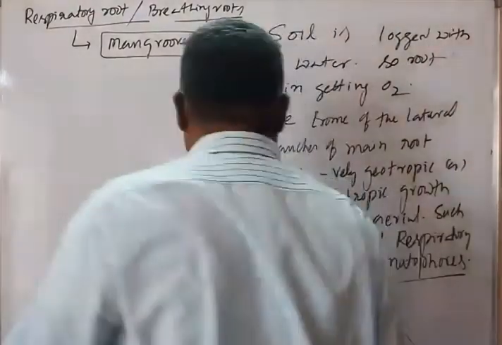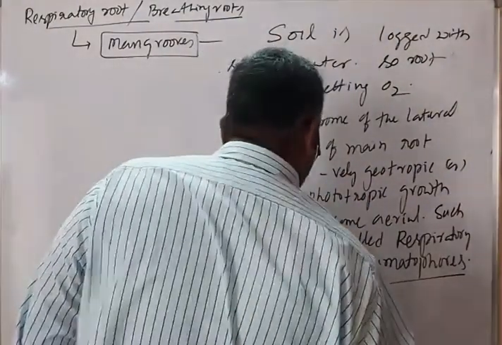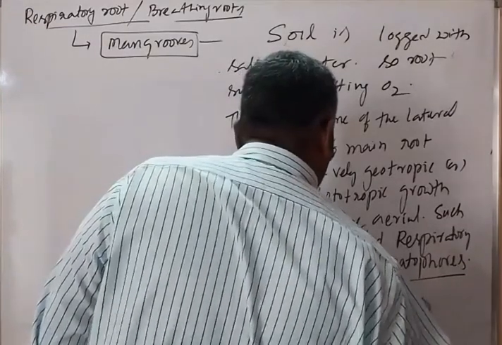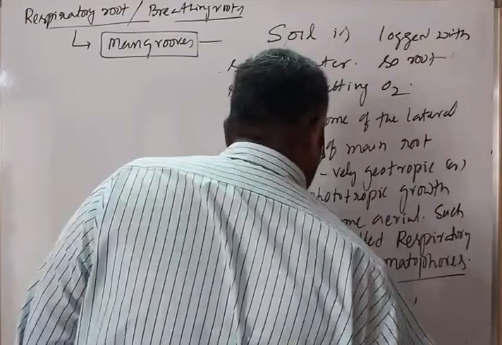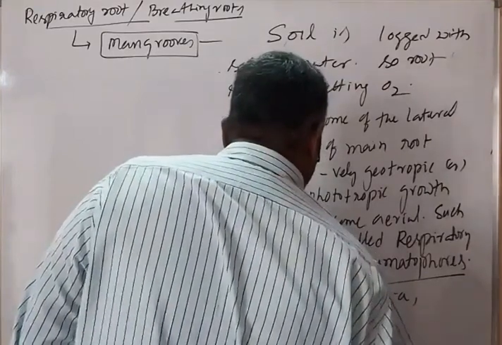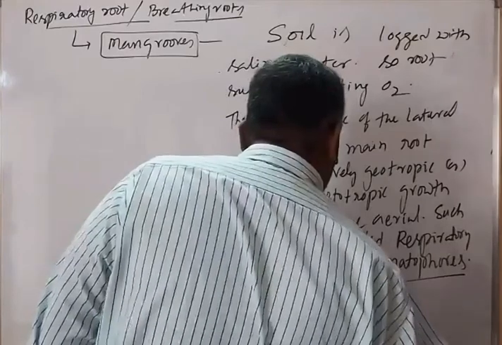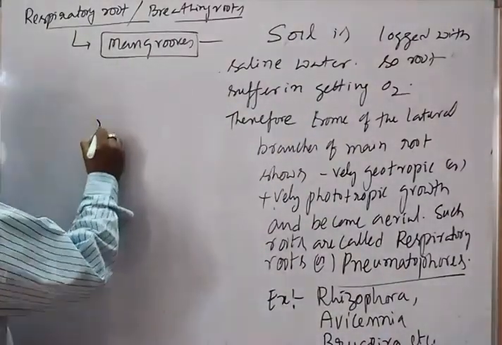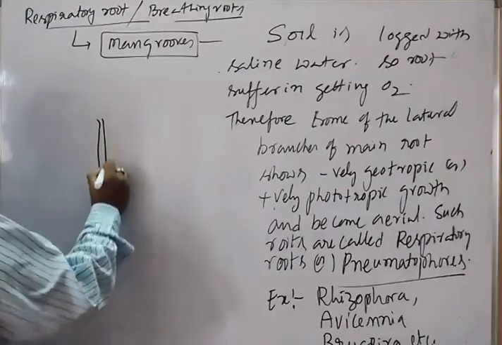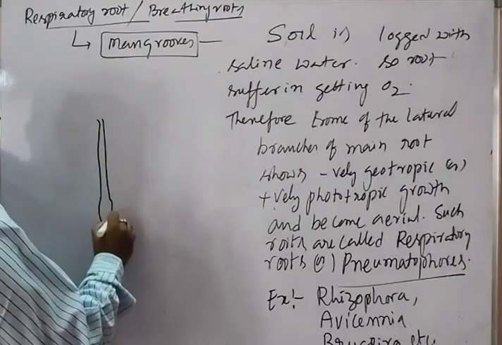Pneumatophores. Examples: Rhizophora, Avicennia, Bruguiera, etc. So this is the main plant. It's the root system.